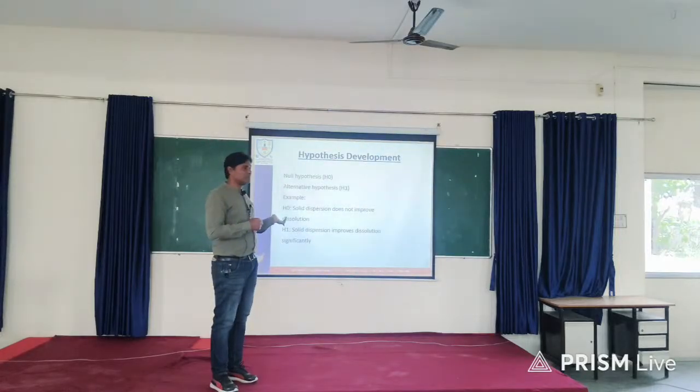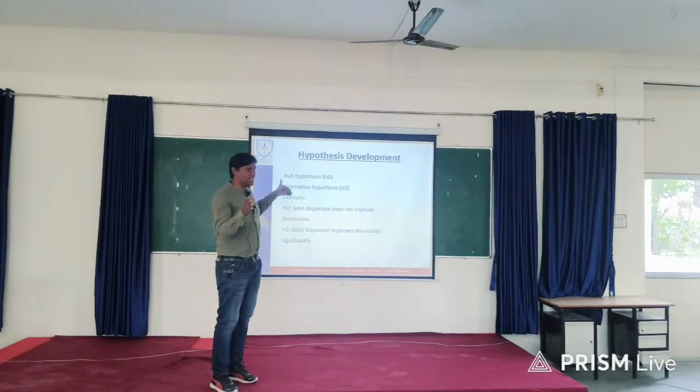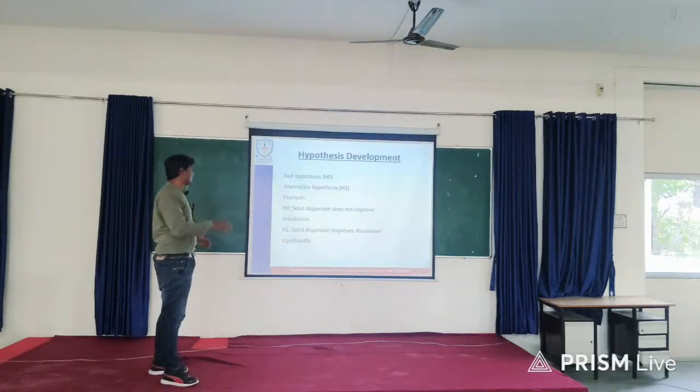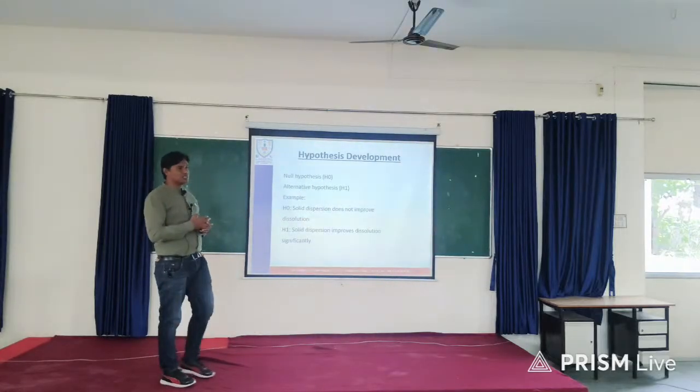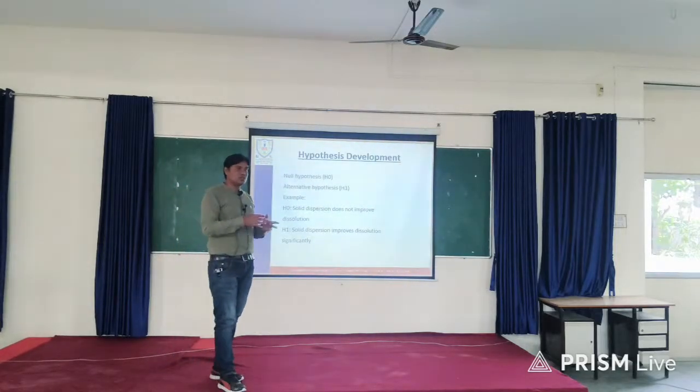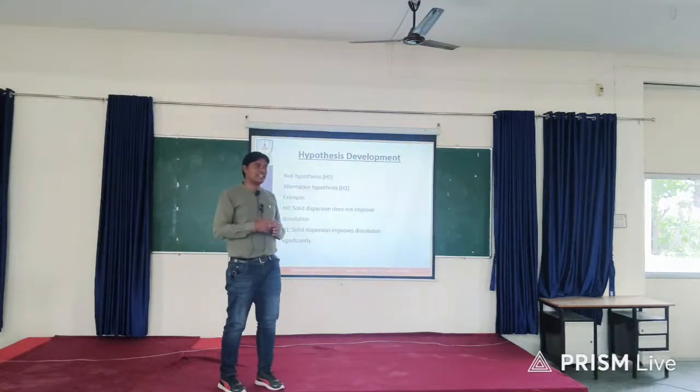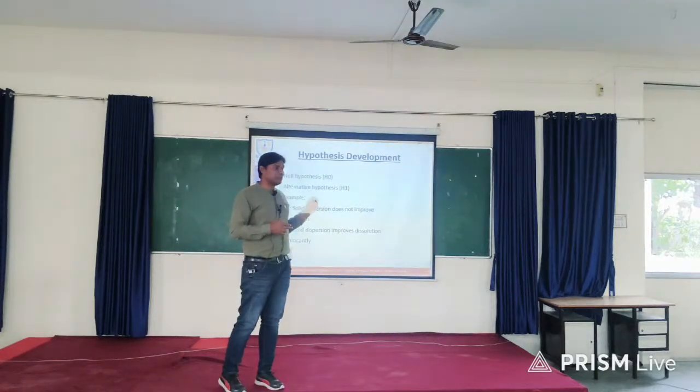So the negative statement is solid dispersions do not improve the dissolution. This is my null hypothesis. Suppose I get statistically significant results to reject this null hypothesis, then I reject it and accept that solid dispersions improve dissolution significantly. So you should be in a position to write hypothesis statements for your research project.